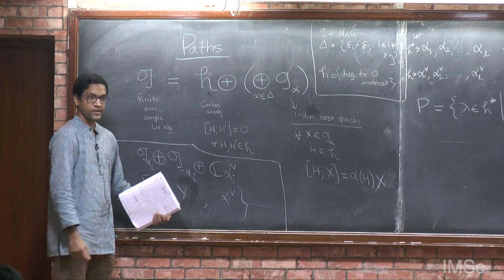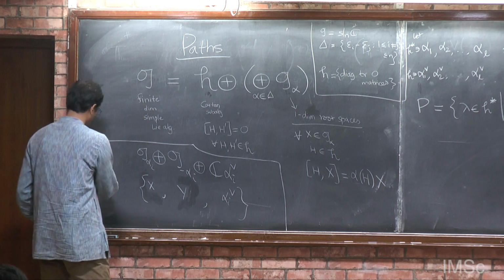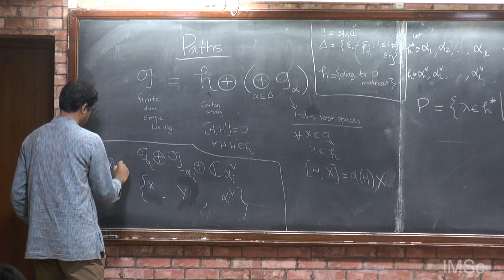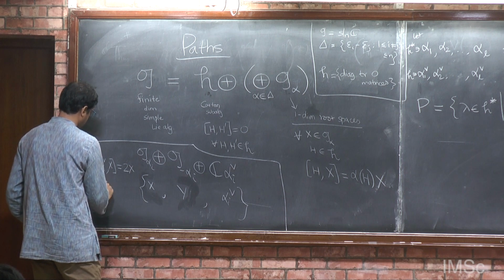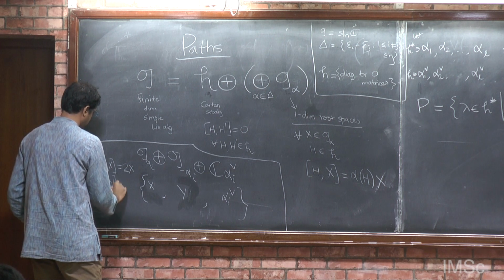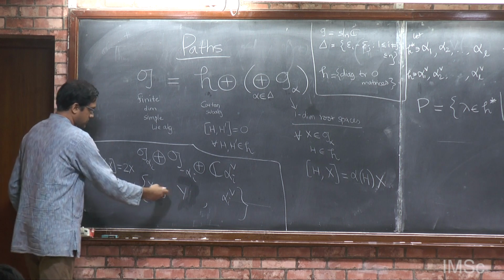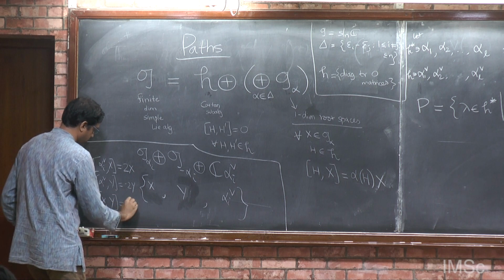If you write out the commutation relations, alpha_i check bracket with x is 2x, and similarly alpha_i check bracket with y is minus 2y. There is some scaling involved here. You have to scale x and y appropriately so that their bracket exactly gives you alpha_i check.